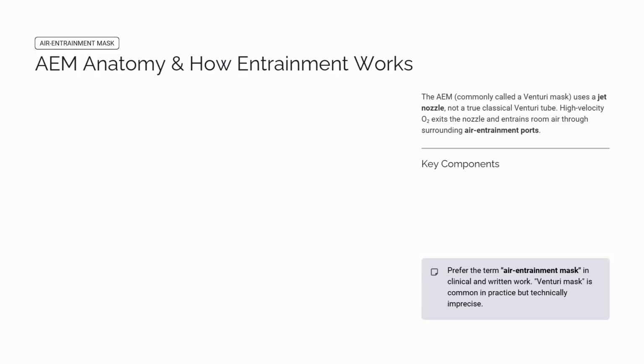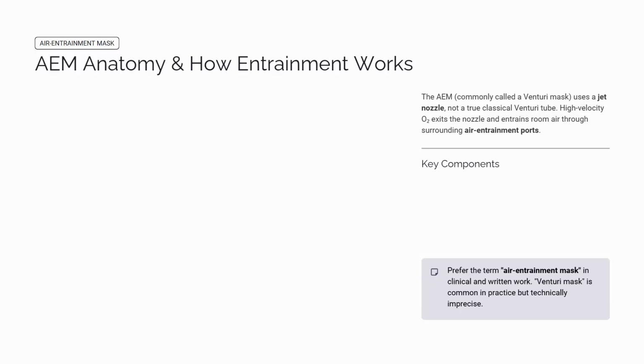You also hear people call this a Venturi mask, and that name is common in practice, but it is not quite accurate. This device uses a jet, not a true classical Venturi tube. A true Venturi tube relies on a very specific taper shape to pull in air. This device is simpler than that.